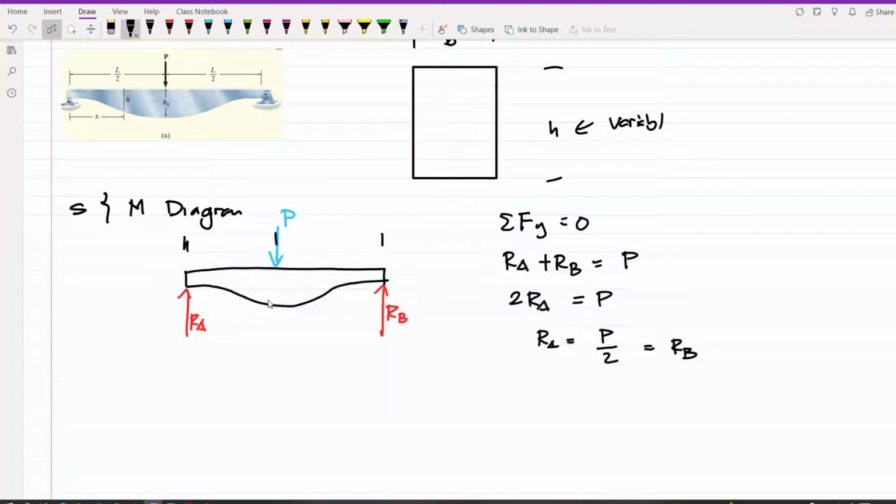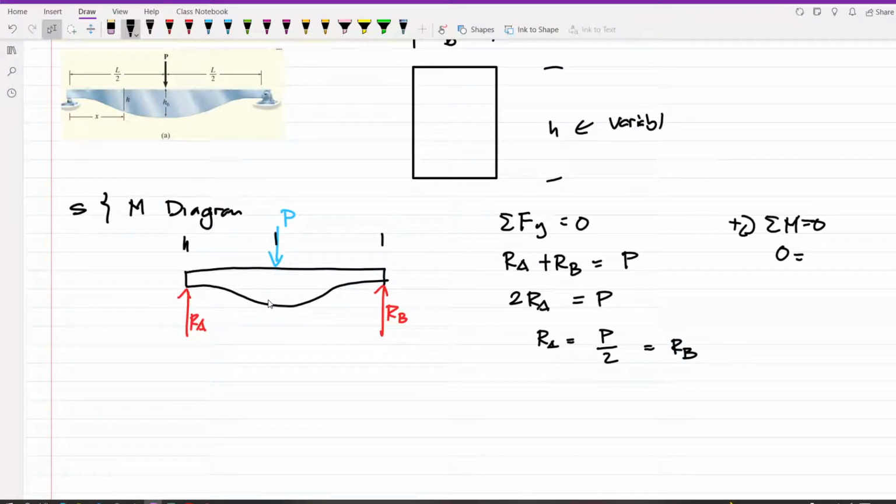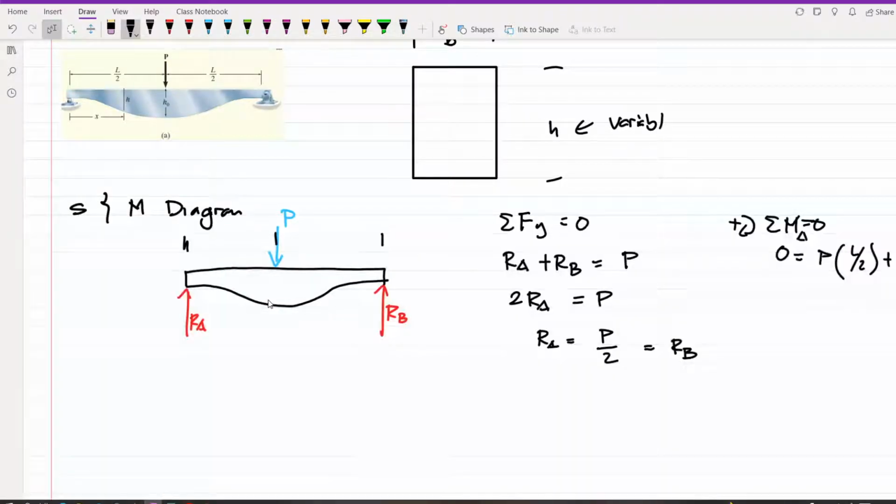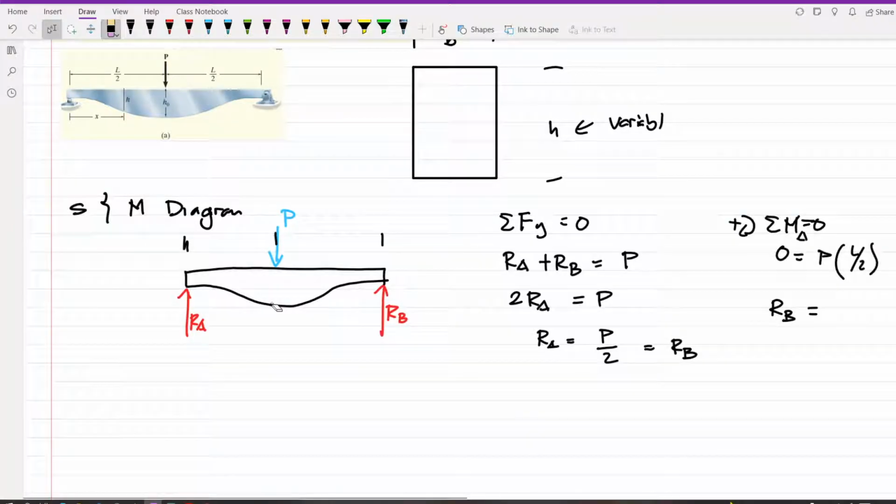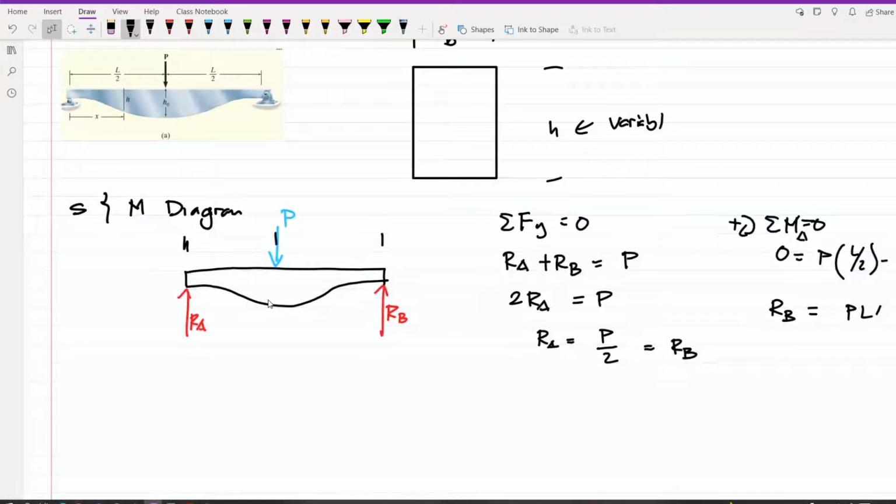Pero pwede rin namang i-check ang moment. Summation of moment is equal to 0. 0 is equal to moment at A. P times L over 2 minus RB times L. So, RB is equal to PL over 2 over L. Bale, makakancel, P over 2 pa rin.